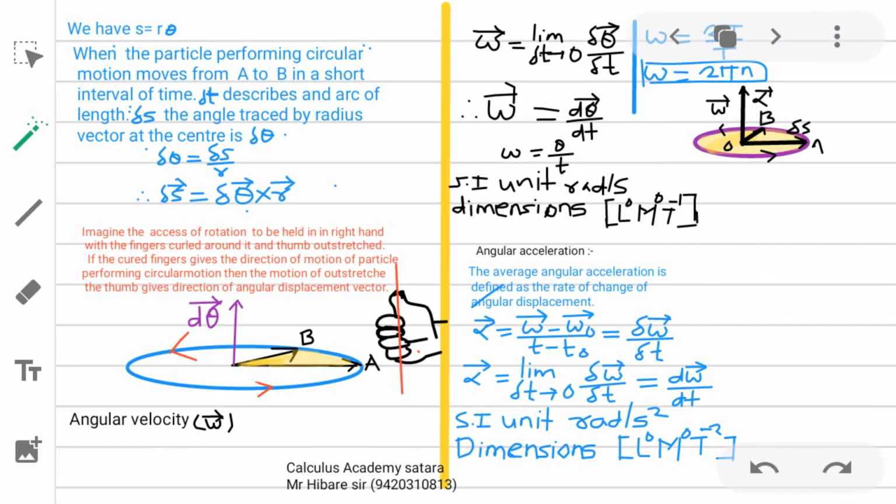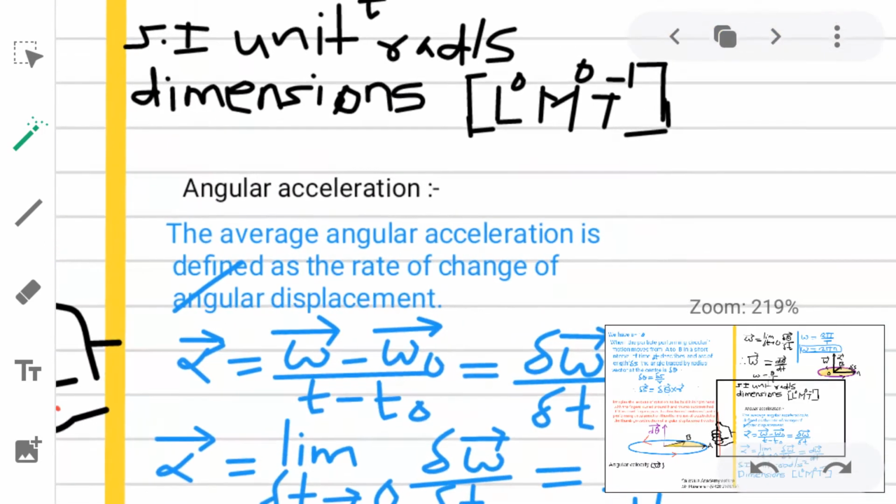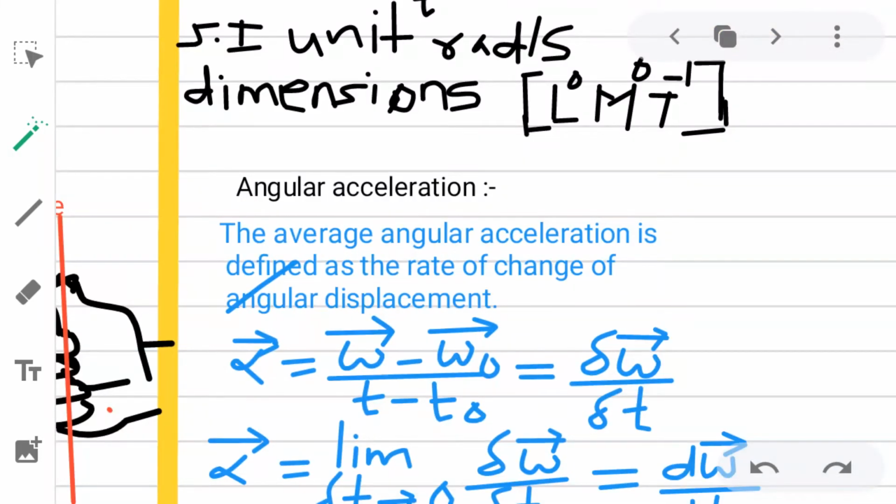Now angular acceleration. The rate of change of angular displacement with respect to time is known as angular acceleration. The average angular acceleration is defined as the rate of change of angular velocity.